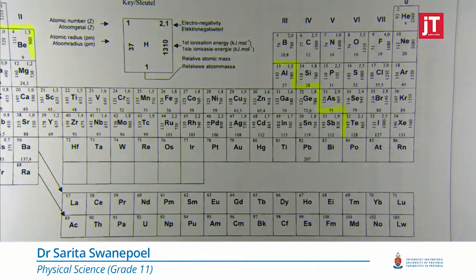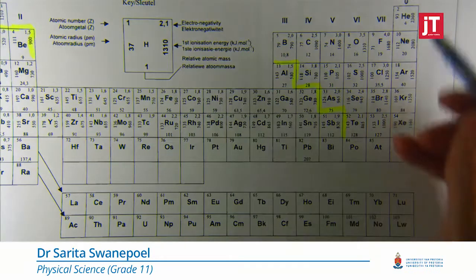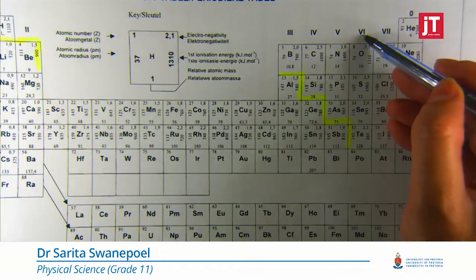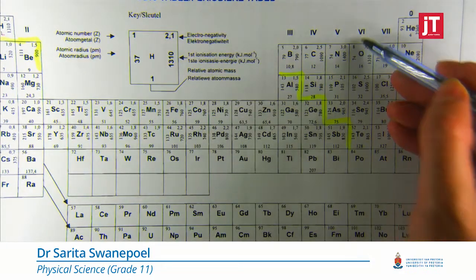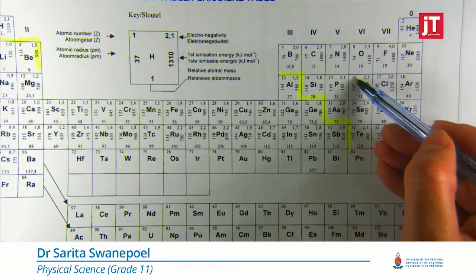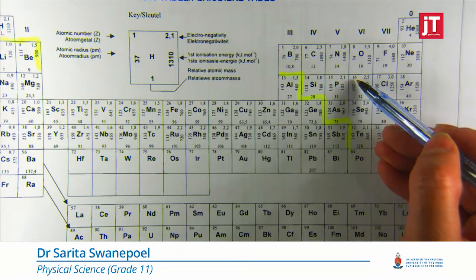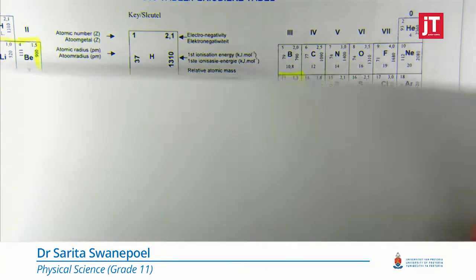If you look at the periodic table, where do you find sulfur? Sulfur in group 6. It's got 16 electrons, because it's got 16 protons. If it's neutral, 16 electrons. Where do you find that?